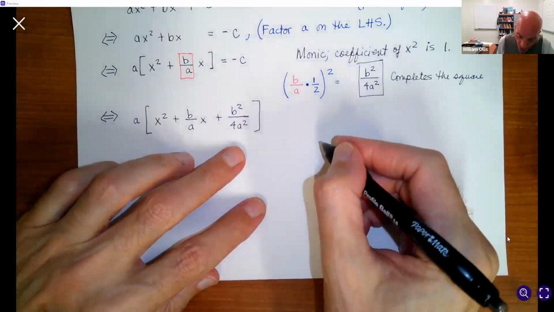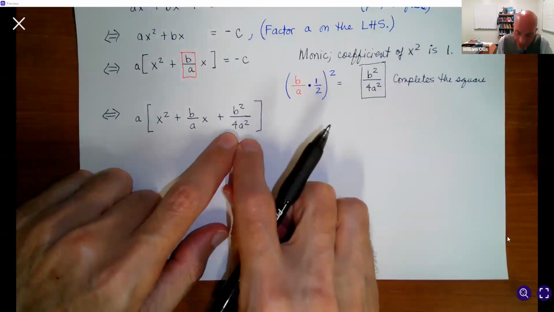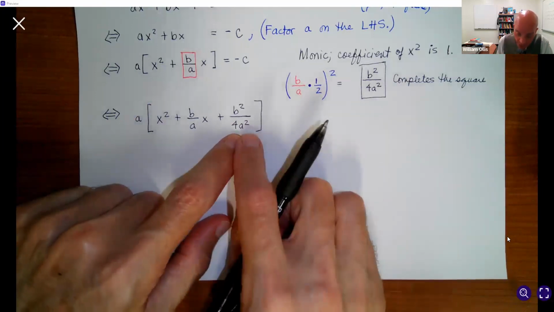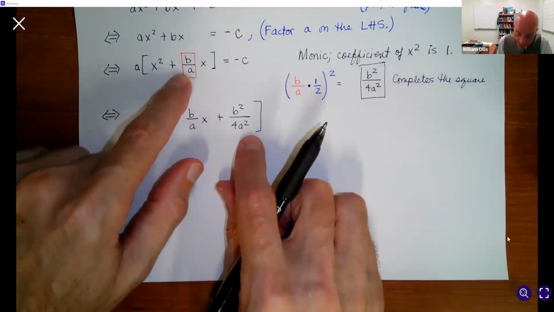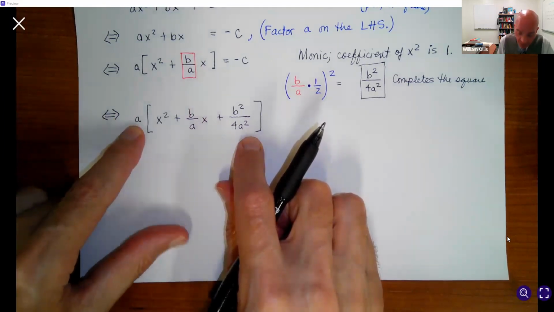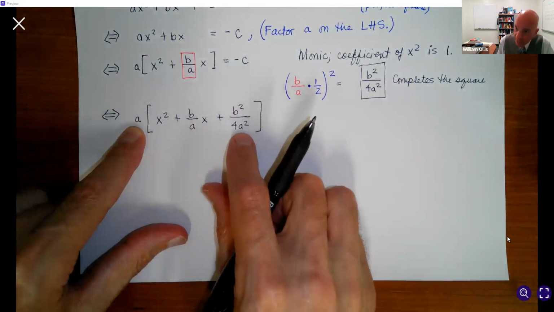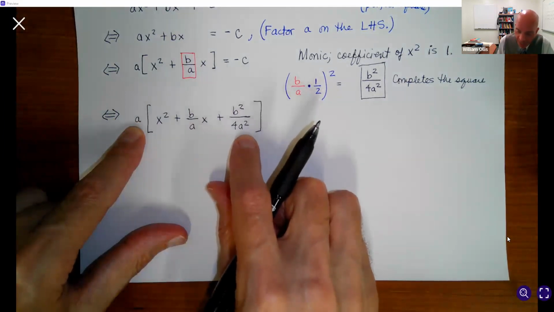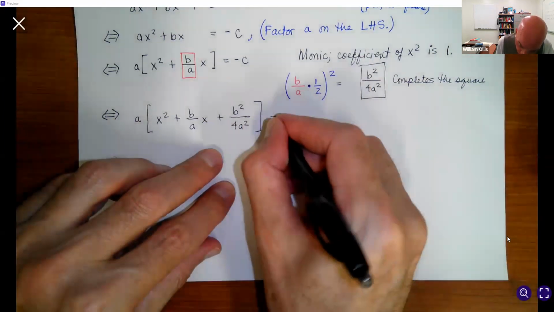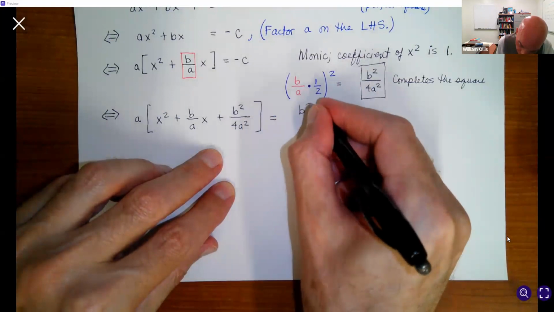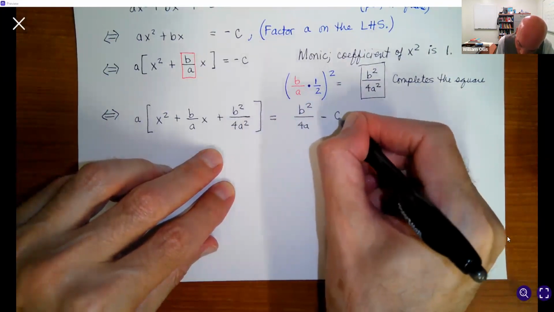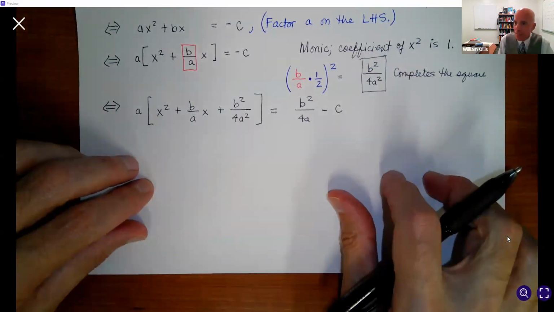So that's been added here, but notice when we add the number here to this expression in the parentheses, we now have to remember the A that we have here. So this A will absorb one of the A's here. So basically what we've added to this side is B squared over 4A. So when we go over here, we do B squared over 4A minus the C. Okay, so that makes the difference.